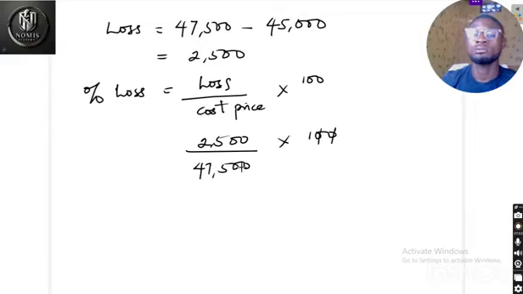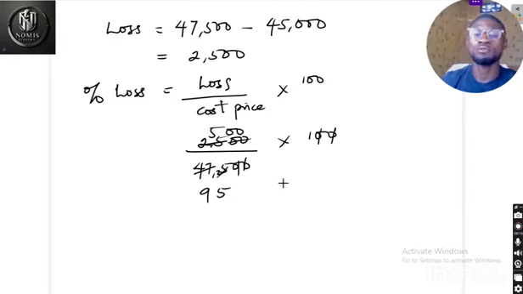I can still divide by 5. 5 in 47 is 9, which is 45, remainder 2. 5 in 25 is 5, and 5 in the zeros is 500.